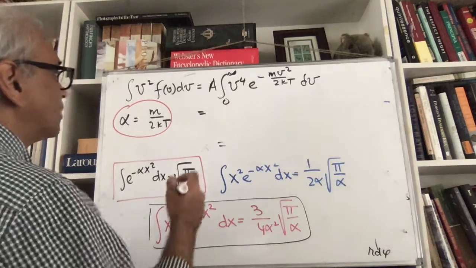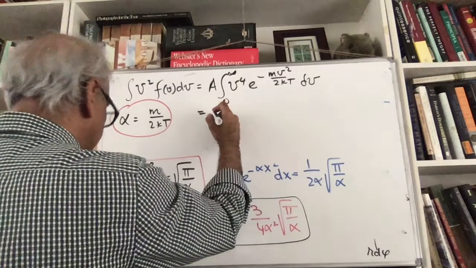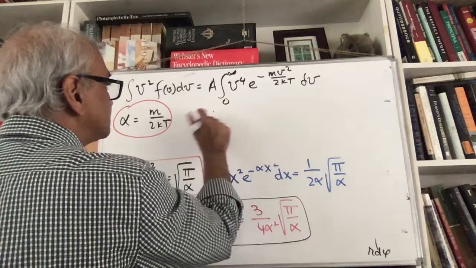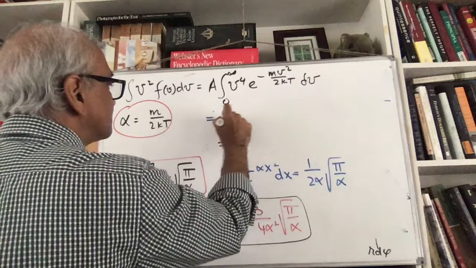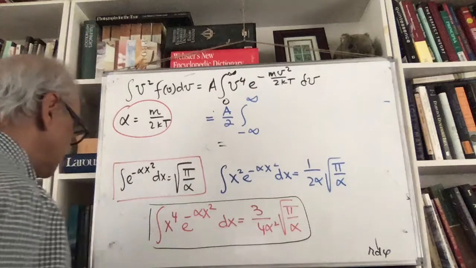So what I'm doing here is that I'm going to go a over 2, from negative infinity to positive infinity.